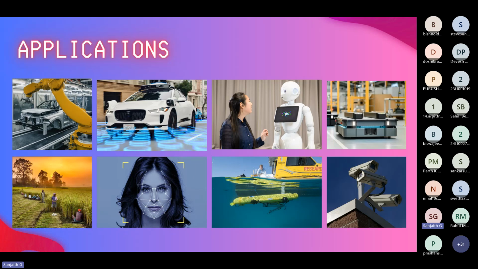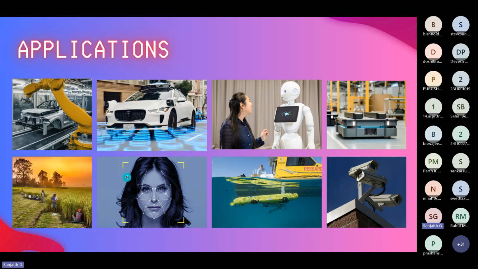Next are human interaction robots, where the robots interact with a person by judging their emotions and facial expressions. Computer vision is also used in warehouses, for picking an object from one place to another and tracking things in the warehouse environment.